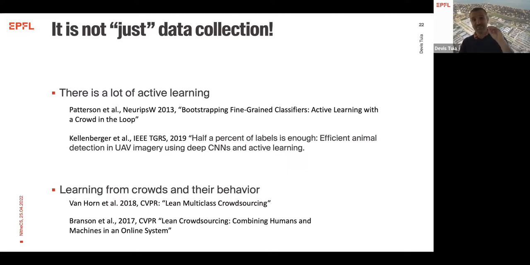But if you use concepts of active learning, you can favor images where there is a higher chance to find an animal, or images that are more helpful for your model. And on the other side, if you do crowdsourcing, you cannot forget about the crowd term in crowdsourcing. So you can start working on how to optimize your crowd and give a certain type of image to a certain type of user who will be more effective in resolving problems related to a specific type of images.